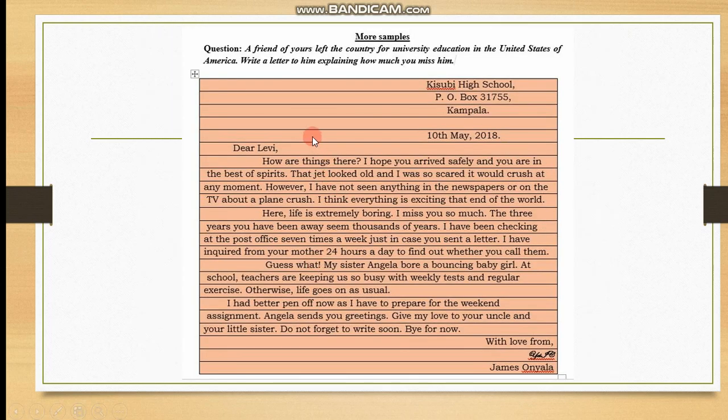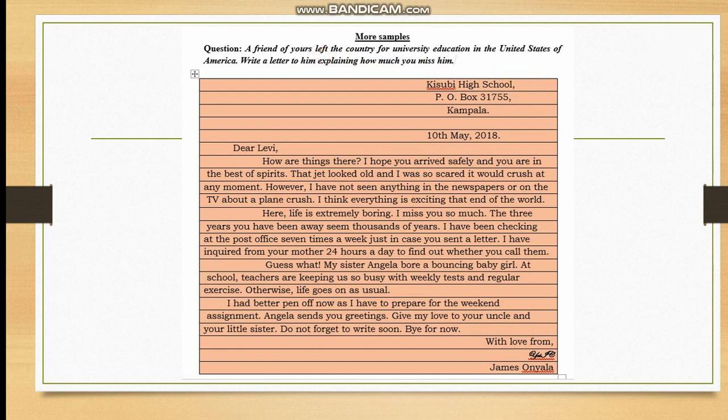The second sample actually has a question here. A friend of yours left the country for university education in the United States of America. Write a letter to him explaining how much you miss him. So this letter is actually much easier because it has only one task. You only have to write explaining how much you miss the person, and that is all. So that is the only purpose of this letter.